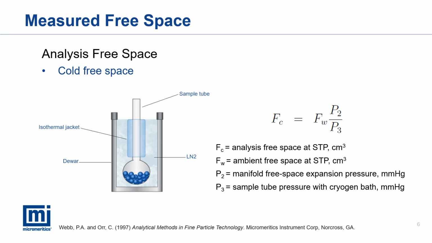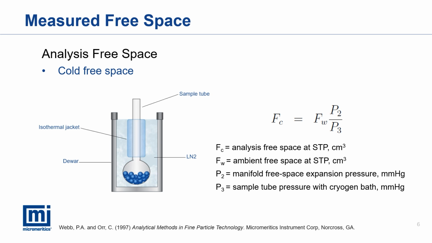Analysis free space will be greater than ambient free space because as temperature decreases, particles slow down and lose kinetic energy. As a result, the gas molecules have less energy to move around and collide with each other or the sample tube walls. This decrease in kinetic energy leads to a drop in pressure, allowing more gas to occupy the same physical space at standard pressure.